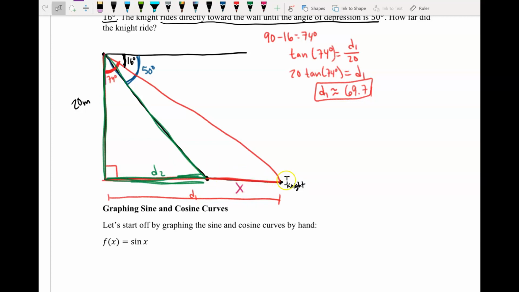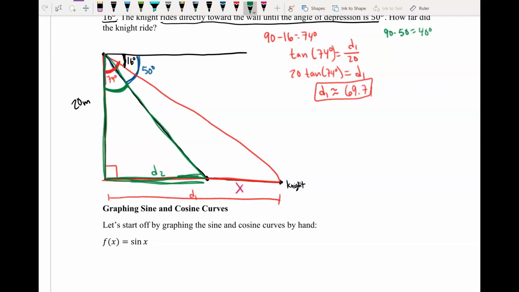So now let's do the same thing. Let's figure out what this green angle is going to be. Just like before, I knew that this was 50, and the whole thing is 90, so we do 90 minus 50, which is 40 degrees.